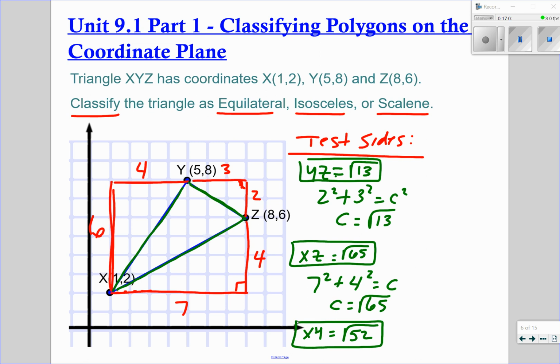Because all of these are different, we would classify this shape as a scalene triangle. As far as work goes, this would be acceptable here. We'd have 3 non-congruent sides. This would be acceptable for you to show on a piece of paper or a problem to get full credit.